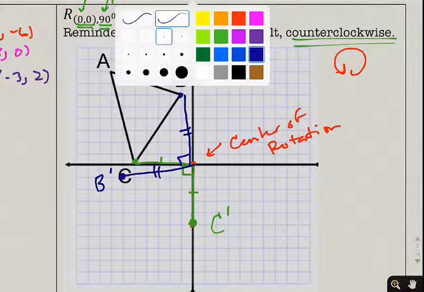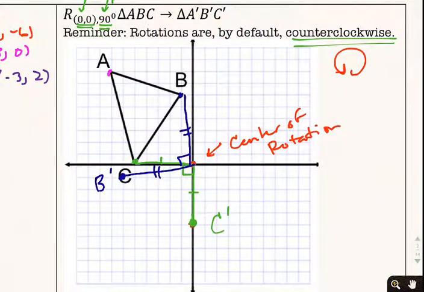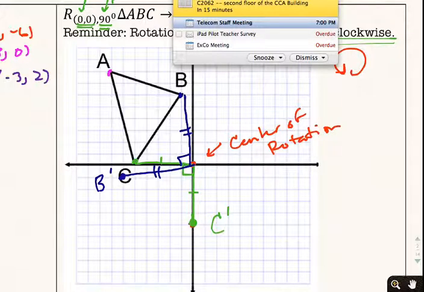Okay. So one last one, let's talk about A. Again, the distance from A to my center of rotation has to be the same out to A prime, and the angle formed between A, my center, and A prime has to be 90. And I think we can use a grid to help us count this out. Let's take a look here. 1, 2, 3, 4, 5, 6, 7.